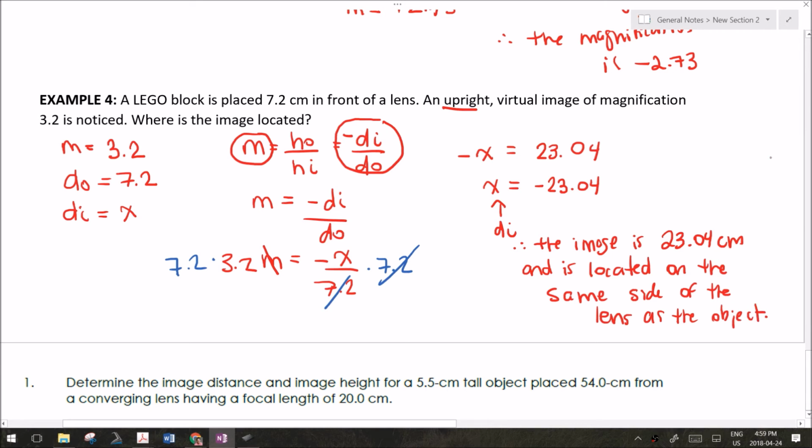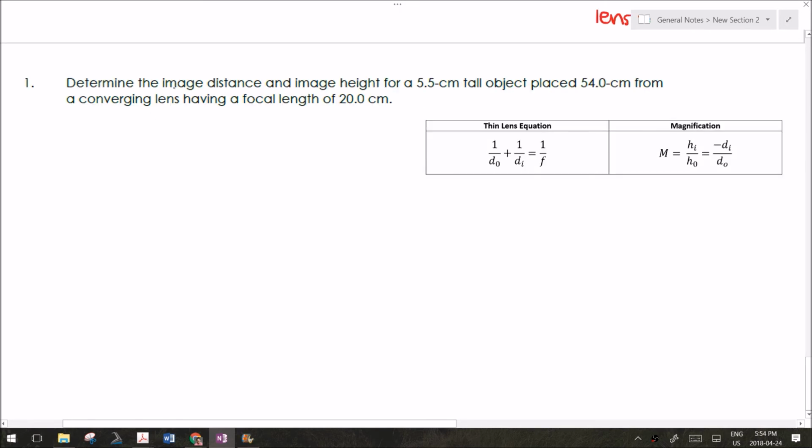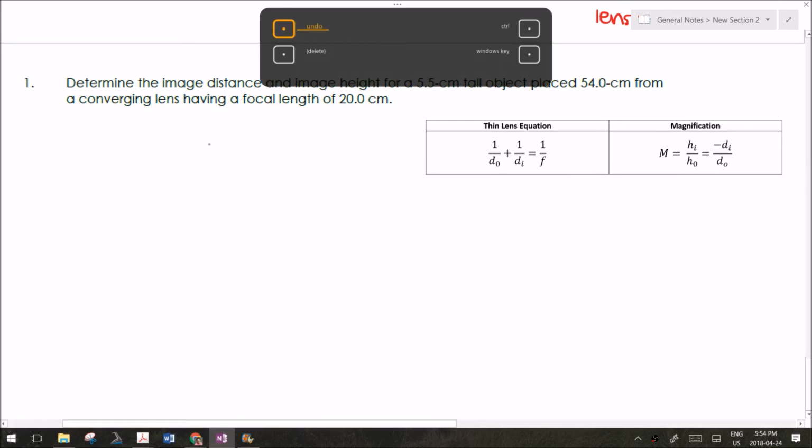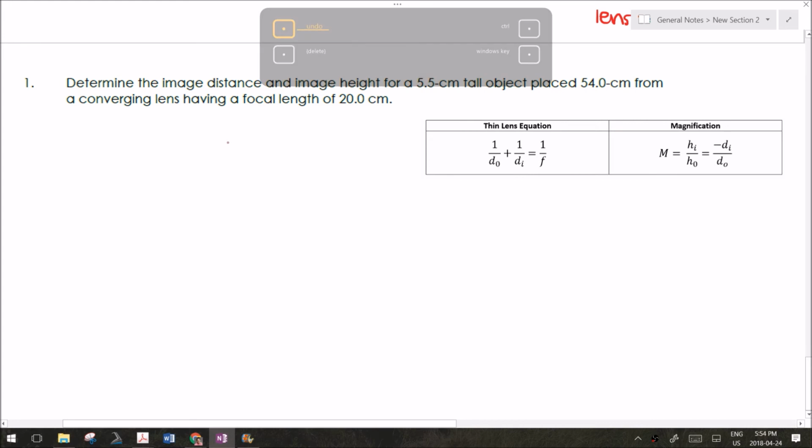And that's it. For this last example, we'll do the first problem from the practice sheet. So we want to determine the distance of an image for a 5.5 centimeter tall object that's placed 54 centimeters from a converging lens having a focal length of 20 centimeters.